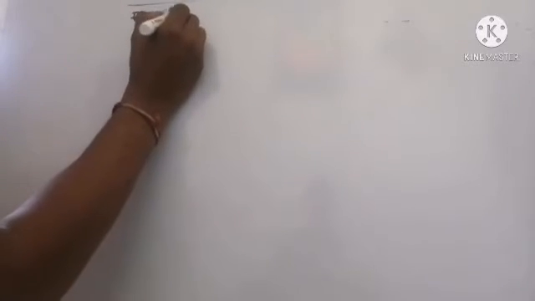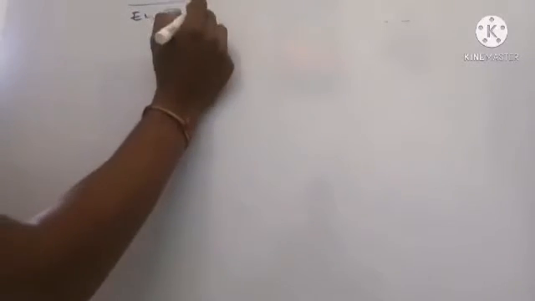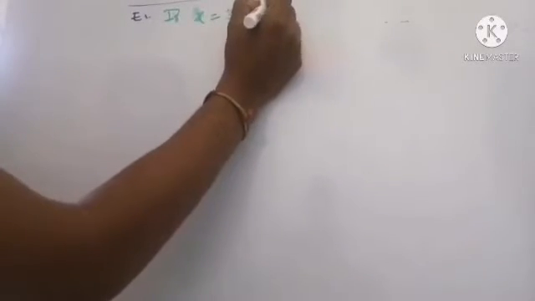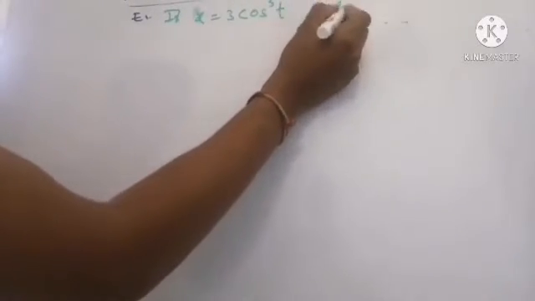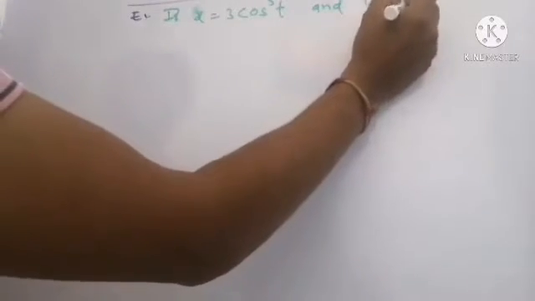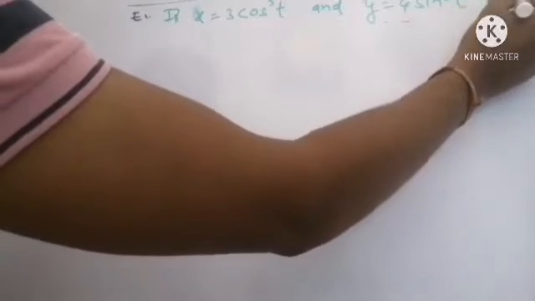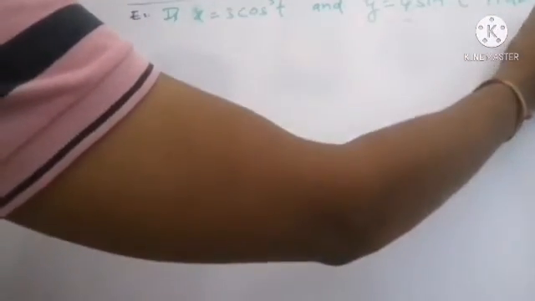If x is equal to 3 cos cube t and y is equal to 4 sin cube t, find dy by dx.